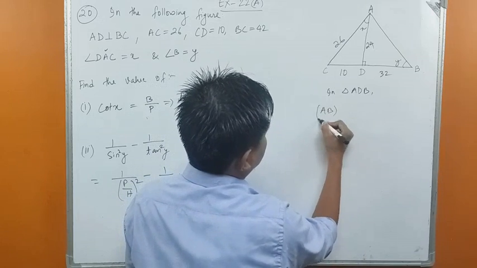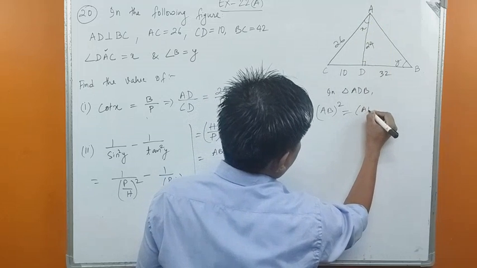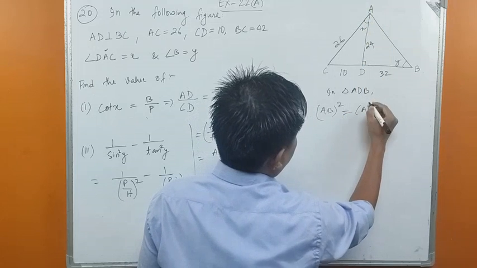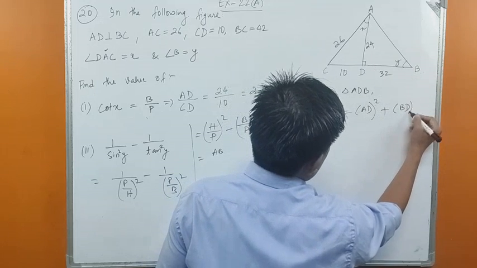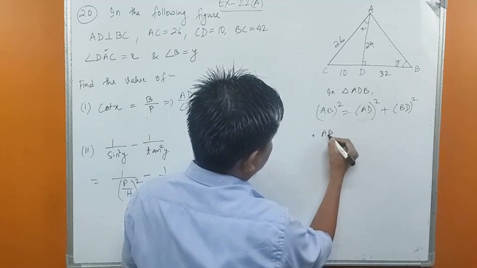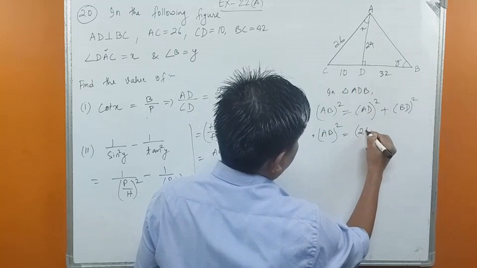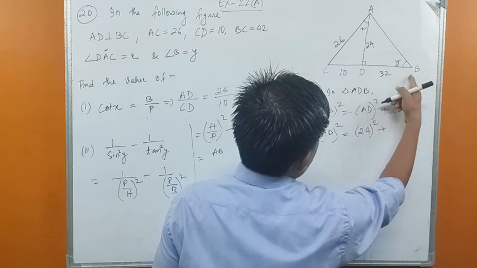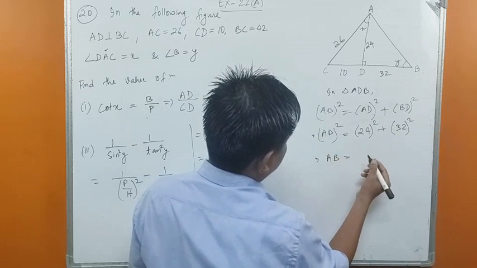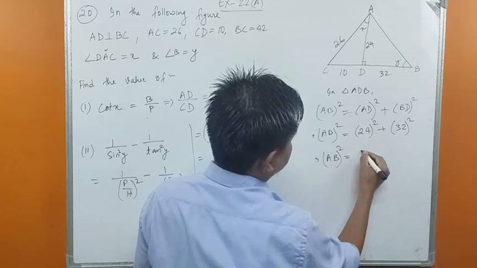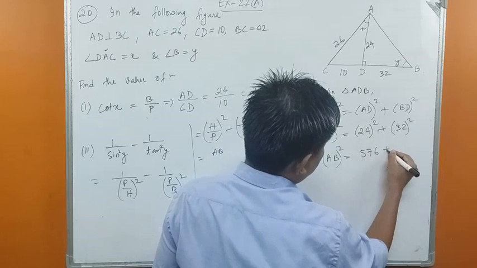AB, that is hypotenuse, squared equals perpendicular AD squared plus base BD squared. So AB whole squared equals AD squared, AD is 24, so 24 squared plus BD, which is 32, squared. 24 squared is 576 plus 32 squared.